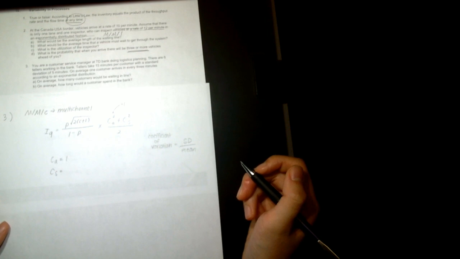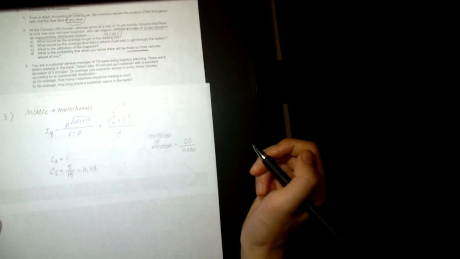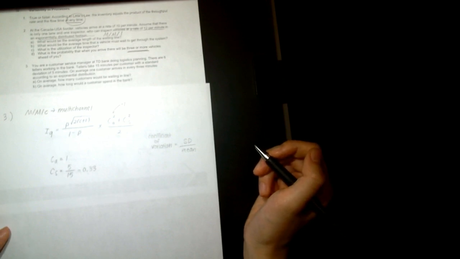So for the coefficient of variation for the service rate, it would be 5 over 15, which equals 0.33. And C is the number of units, right? So C, number of servers, would just be 6, because there are 6 servers.